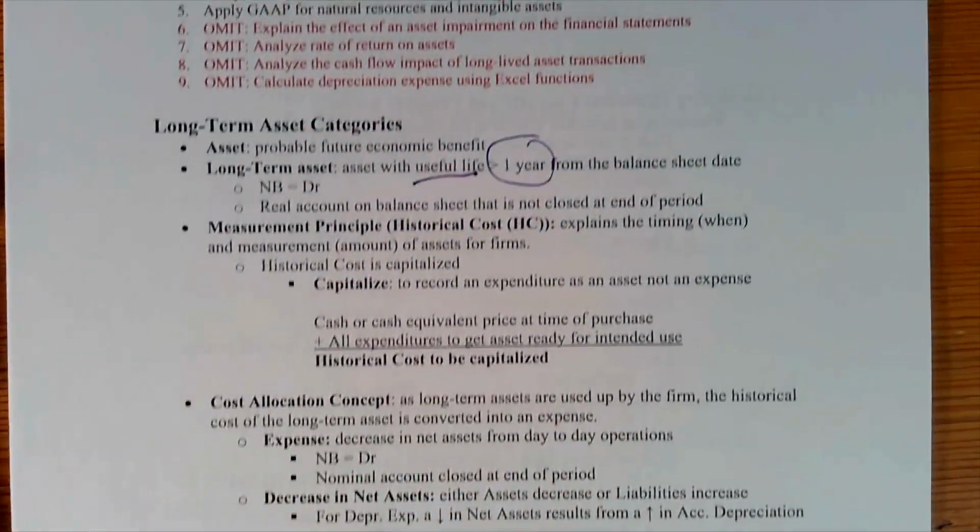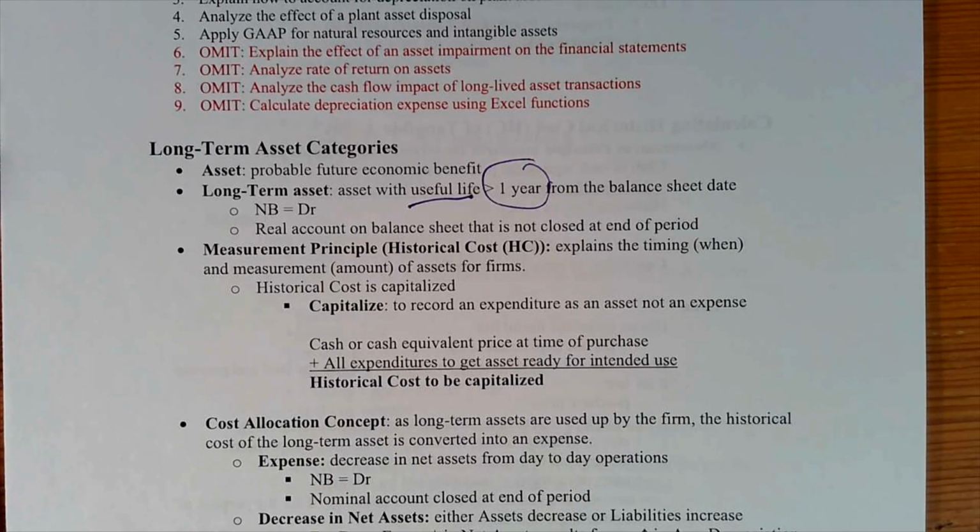So long-term assets are assets that are useful for more than a year, and therefore we have a kind of special treatment about how we use them up. When we use up inventory, we expense them through COGS. When we use up supplies, we expense them through a supplies expense. But when we use up things that last longer than a year, we have to spread out the using it up.